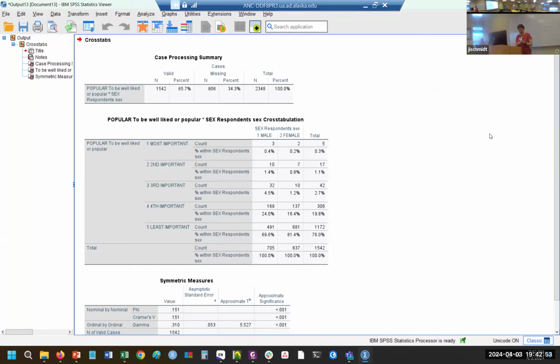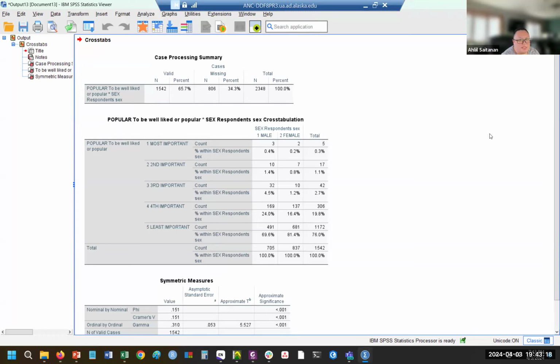All right, so you've looked at this. What is it saying? Well, I thought it was interesting, from 1 through 5, most important to least important, there are more men in each category to find it important.